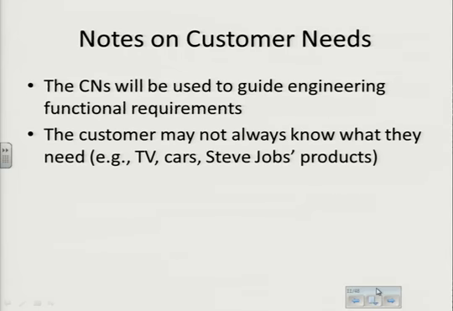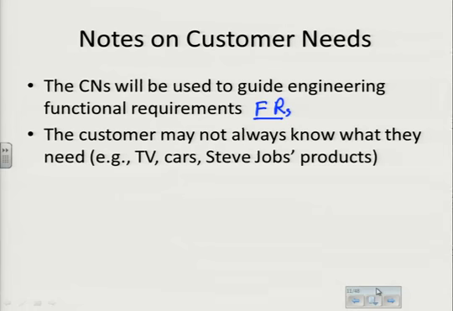A couple of interesting things on customer needs. These are important because they're going to be used to guide engineering functional requirements, and we'll be coming back to these things that we're going to call FRs in a moment. One of the things to consider is that the customer doesn't always know what they need. TV.